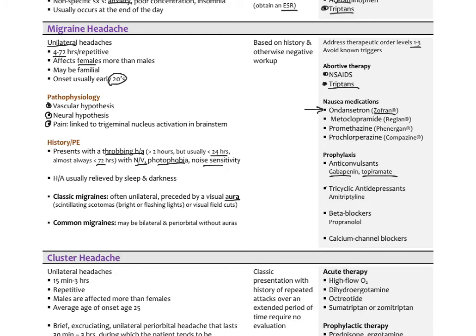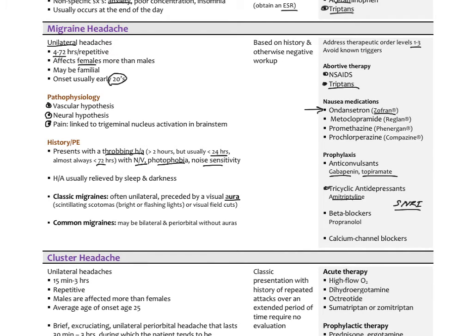And then tricyclic antidepressants, amitriptyline is one. We're also seeing the SNRIs. We'll talk about this drug class later. Selective norepinephrine reuptake inhibitors like Cymbalta are being increasingly used as well, and especially if a patient has either anxiety or depression with the migraines, that might be a drug class that's used.